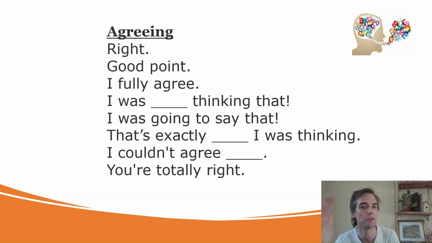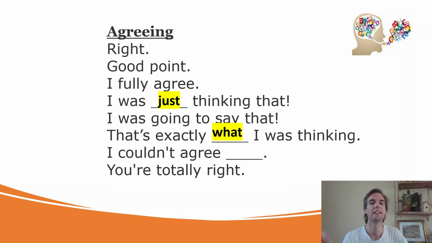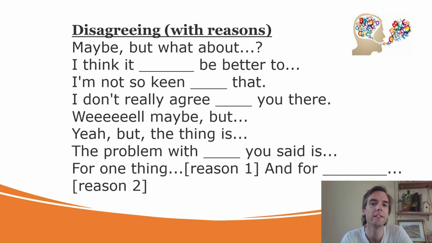If you really respond to them in a way that shows you're listening, that is part of the criteria for communication. So you could say, instead of just saying yes and no, good point, I fully agree, I was just thinking that, I was going to say that, that's exactly what I was thinking, or I couldn't agree more, you're totally right. So a bit of variety in how you're going to agree. And the same for disagreeing, politely, with reasons.